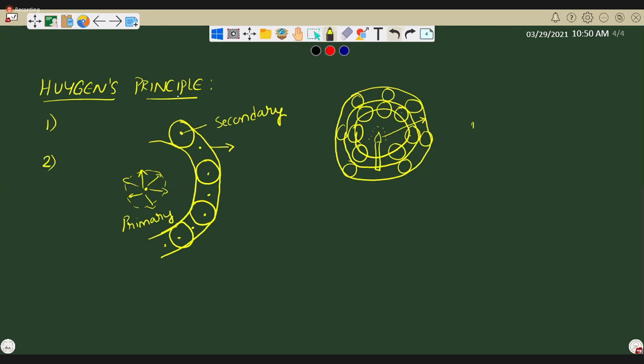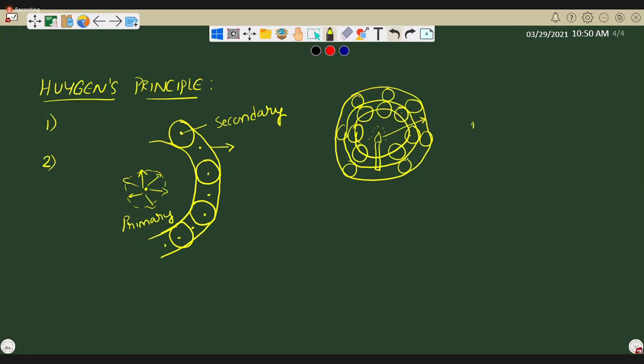Now, this is a theoretical explanation of what Huygens has said, isn't it? Now we have to quantitatively prove this. Mathematically, I should be able to prove this. In physics, until and unless you prove something experimentally, it remains a theory. That's the difference between theory and law.